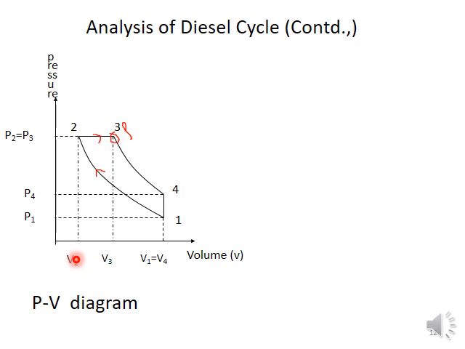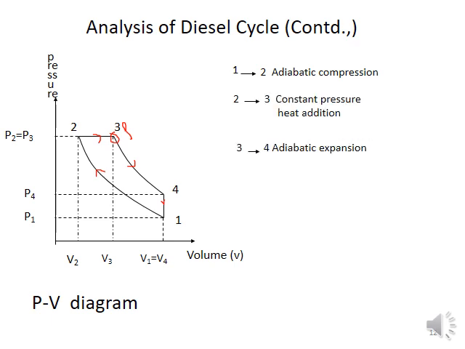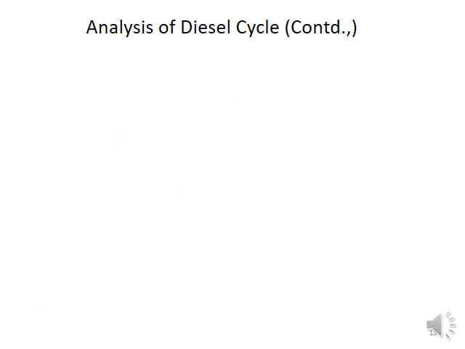Next, we can write the relation between the compression ratio, expansion ratio and cutoff ratio. 1 to 2 is adiabatic compression, 2 to 3 is constant pressure heat addition, 3 to 4 is adiabatic expansion, and 4 to 1 is heat rejection.